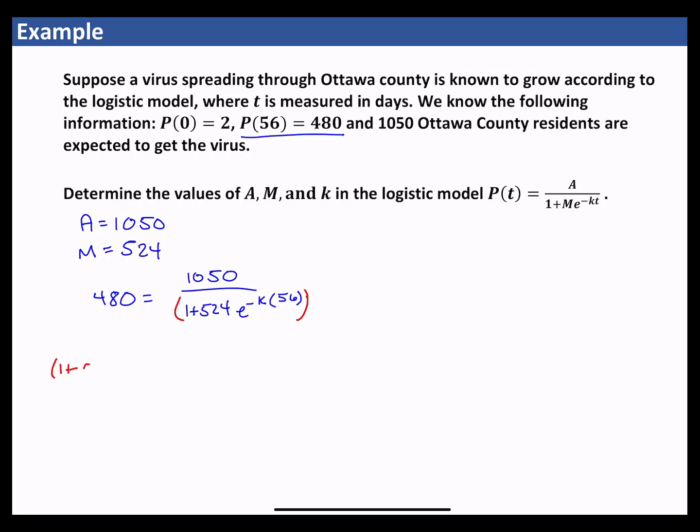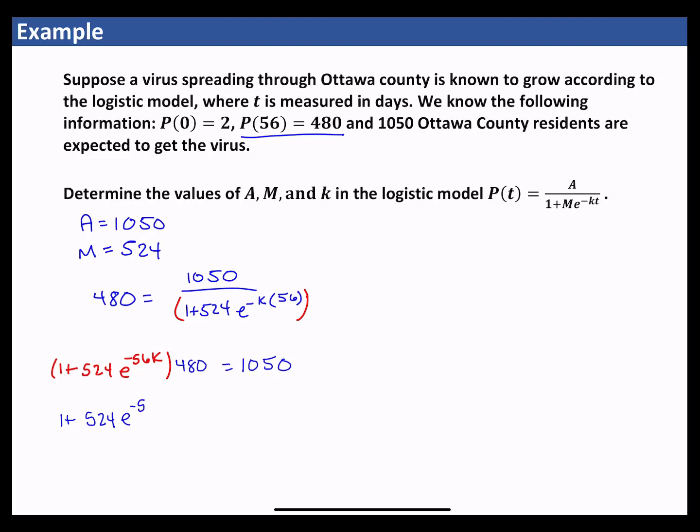So we're going to have 1 plus 524 e to the negative 56k times 480 equals 1,050. We'll divide both sides by 480. So 1 plus 524 e, oh, I lost that negative earlier. All right, we'll correct that.